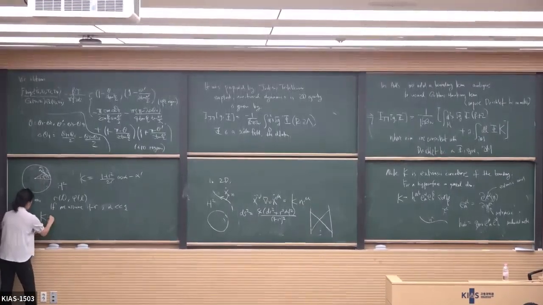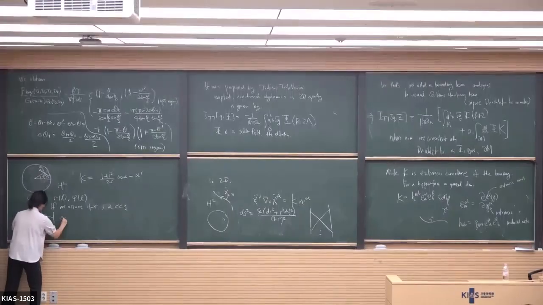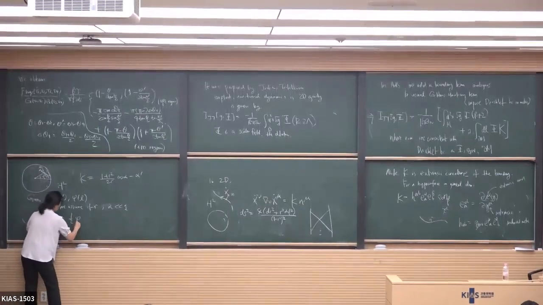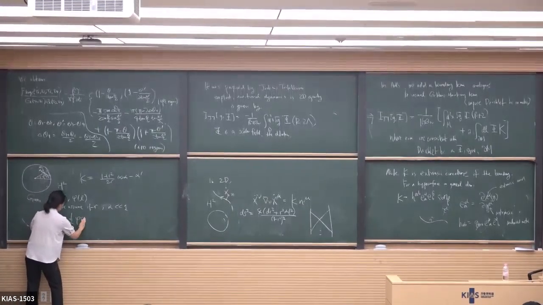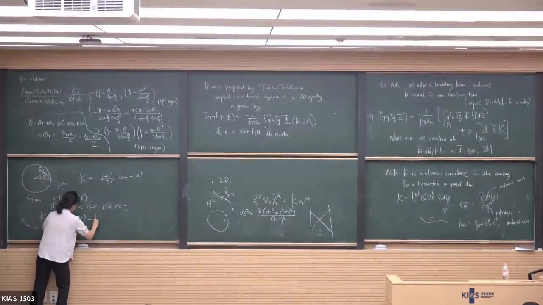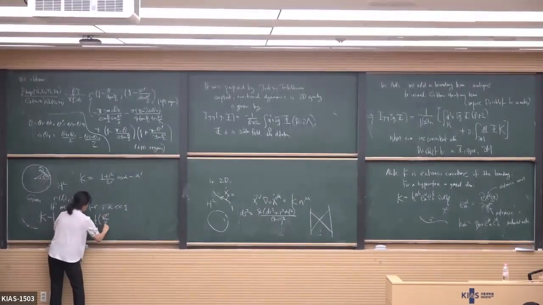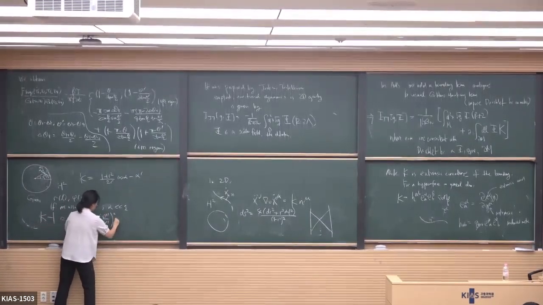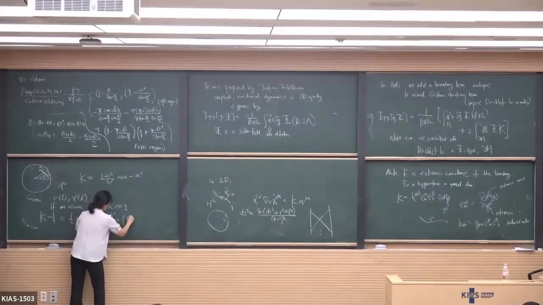K, the extrinsic curvature, minus 1 is going to be given by 1/2 phi prime squared minus 1/2 phi double prime over phi squared plus phi double prime over phi.